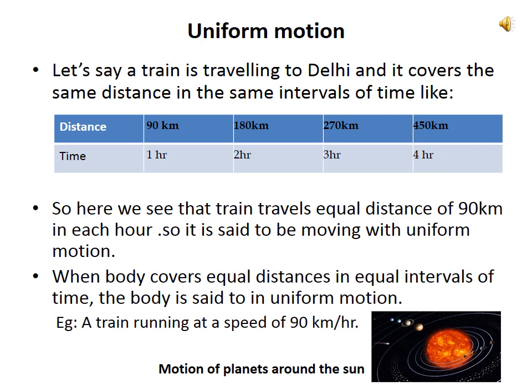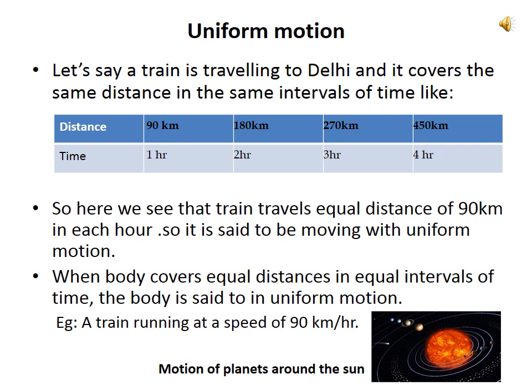Distance traveled by the train in the first hour is 90 kilometers. In the second hour another 90 kilometers, so the total is 180. In the third hour 90 kilometers, total 270, and in the fourth hour again 90 kilometers, and the total distance is 450 kilometers.